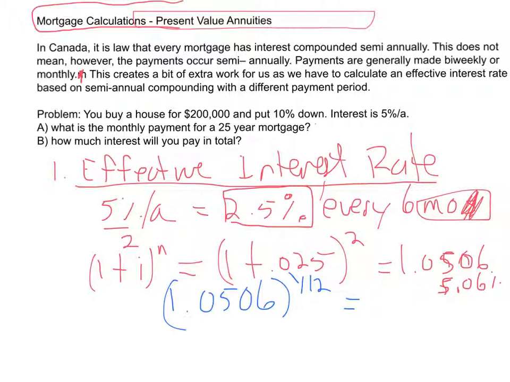So that gives us 1/12 of a year. So when I do that calculation, I end up with 1.00412, which means 0.00412.